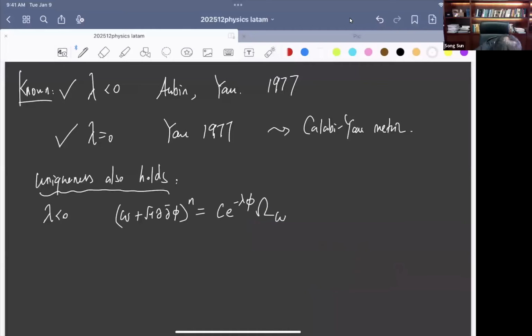So what we want to prove is that this is unique. Suppose I have two solutions. So omega is itself a solution, and omega plus dd bar phi is also a solution.